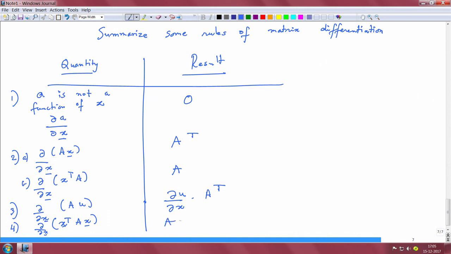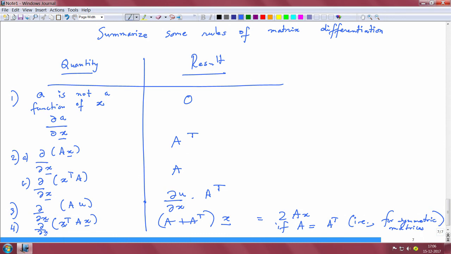This is A plus A transpose times x, and when A is symmetric, it is equal to 2Ax, if A is A transpose, that is for symmetric matrices.